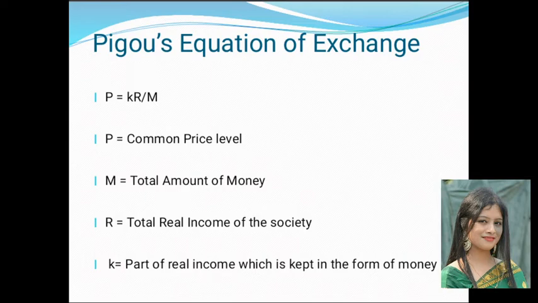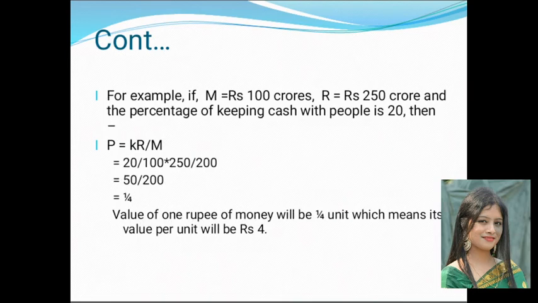To explain Pigou's equation, we can cite one simple example. Here we assume that the total quantity of money in circulation in the country, that is M, is rupees 100 crores. The total real income of the society or country, R, is rupees 250 crore, and the percentage of cash kept by people, that is K, is 20.